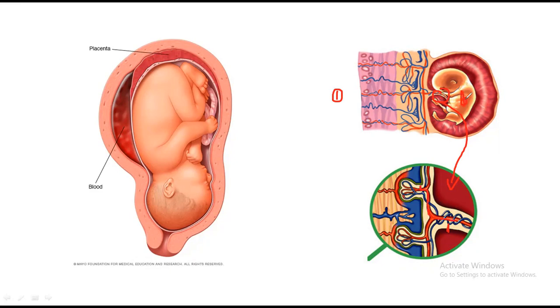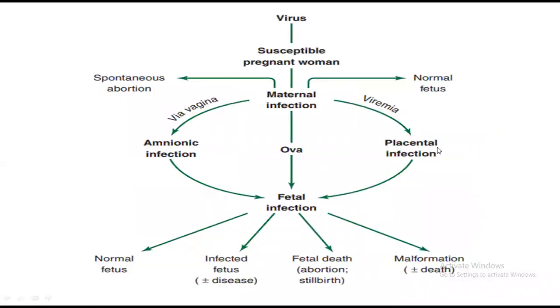So I was just telling that when there is viremia in the mother, through viremia it can easily enter the fetus. So this is the first condition. Keep this condition in your mind. This was number one.